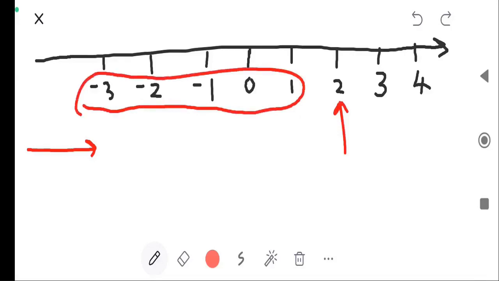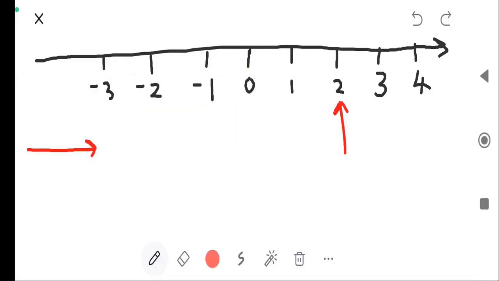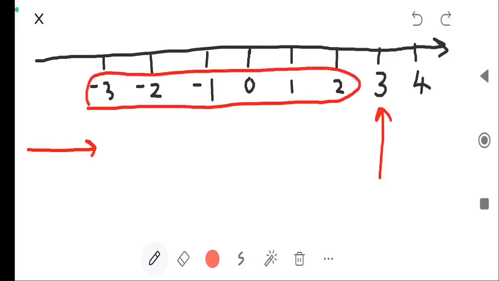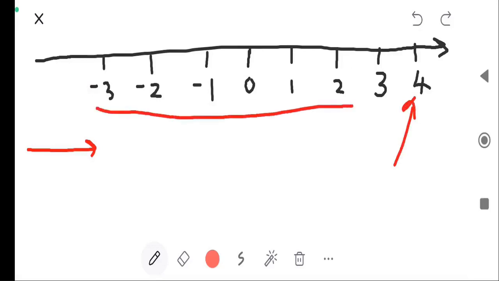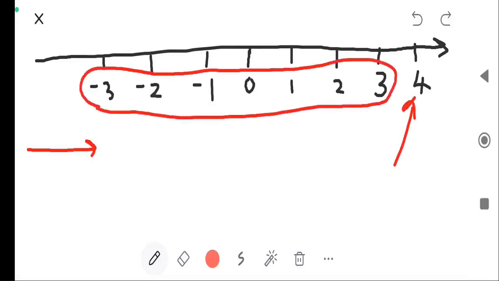Then 3 is greater than all of these integers because 3 comes after all of them. Then finally 4 is greater than all these integers because 4 comes after all of them as you are moving towards the right.